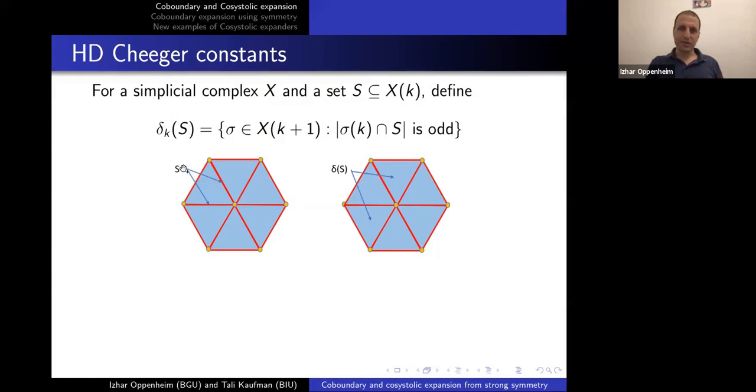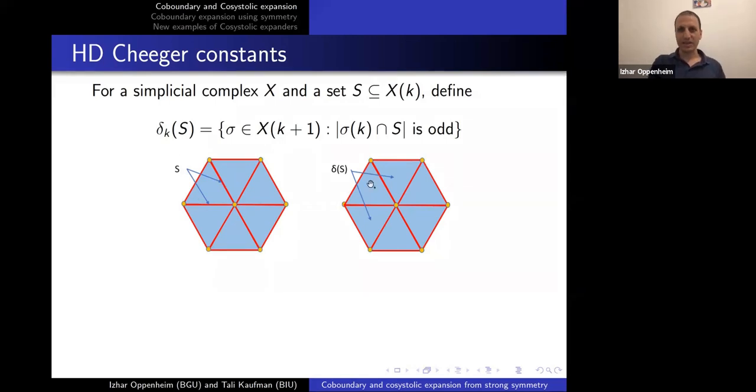What do I mean? Here is my set S. S is the set of these 2 edges. So what is the cut set? I need all the triangles that meet this set S in an odd number of edges. This triangle will not be in my cut set because it meets the set S twice, and 2 is even.